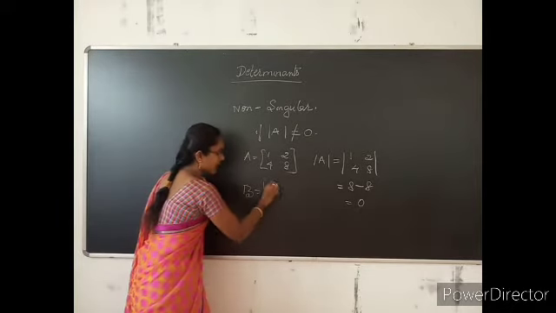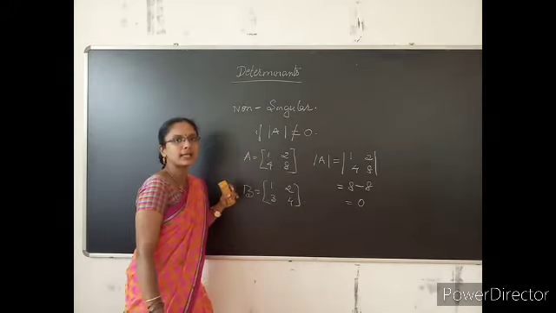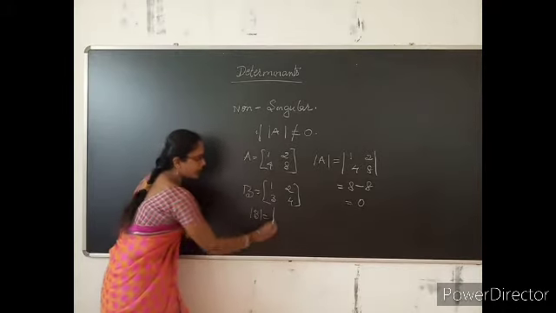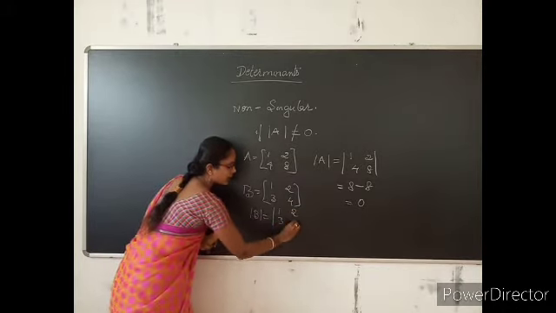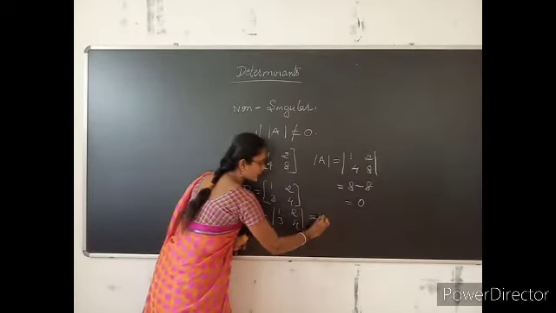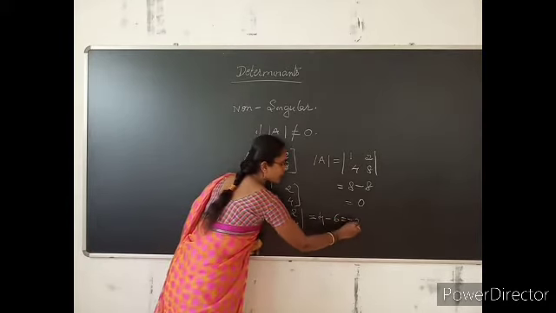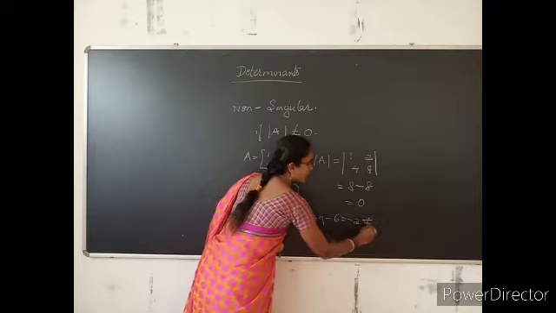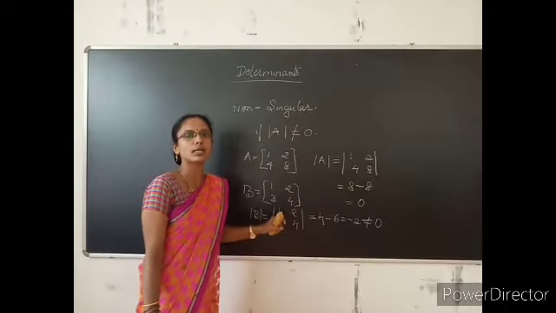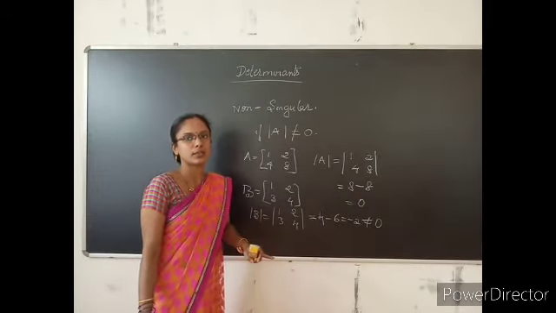B is the matrix 1, 2, 3, 4. Determinant B is 4 minus 6, so the value is minus 2, not equal to 0. That means the matrix B is a non-singular matrix. So this is about singular and non-singular matrices.